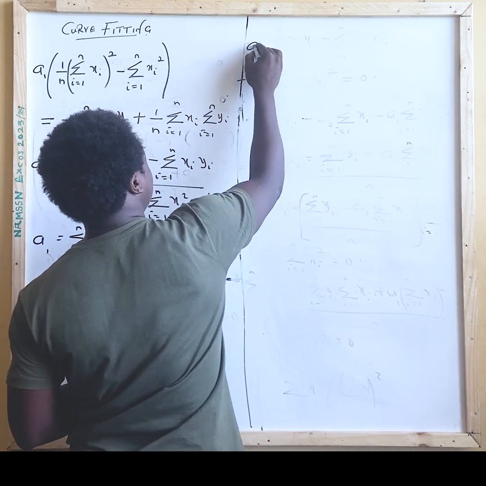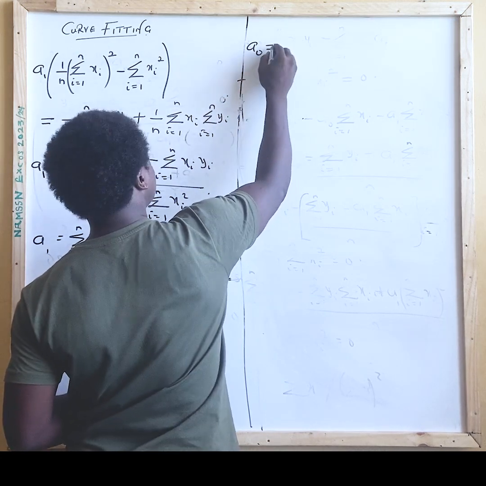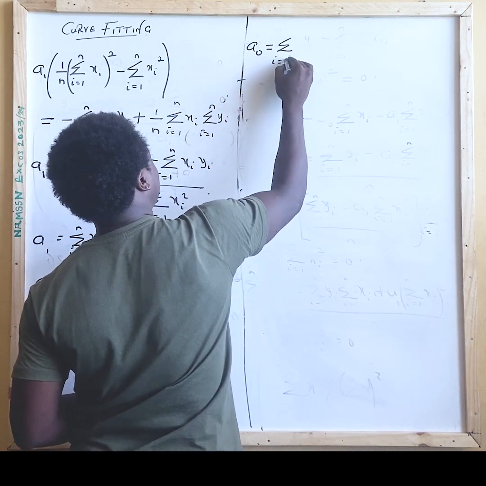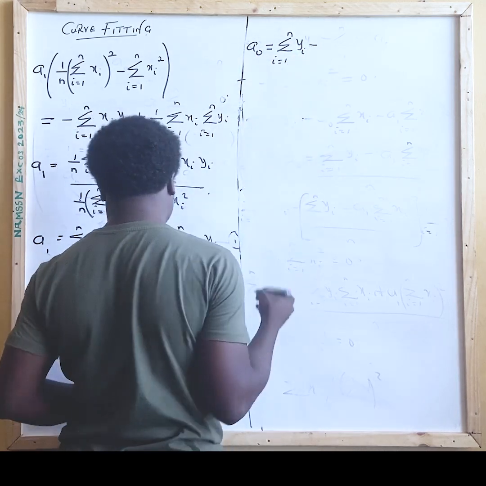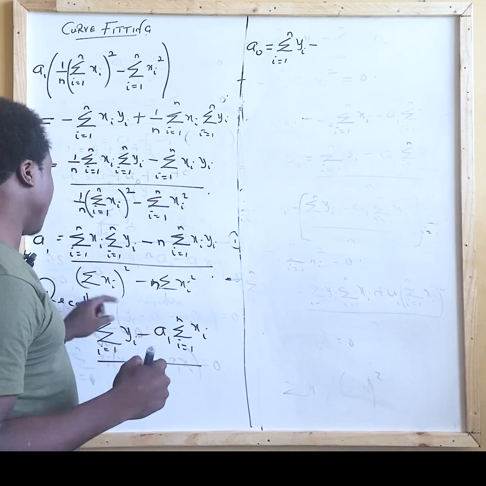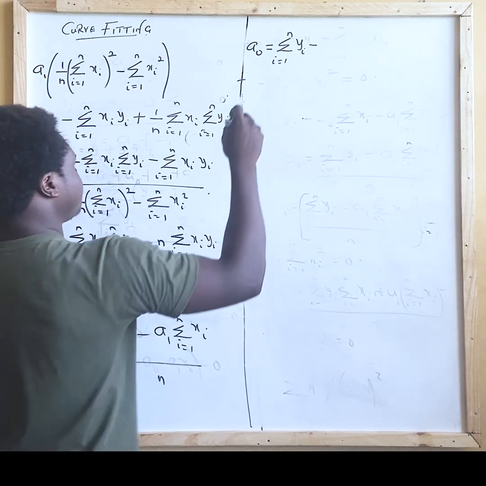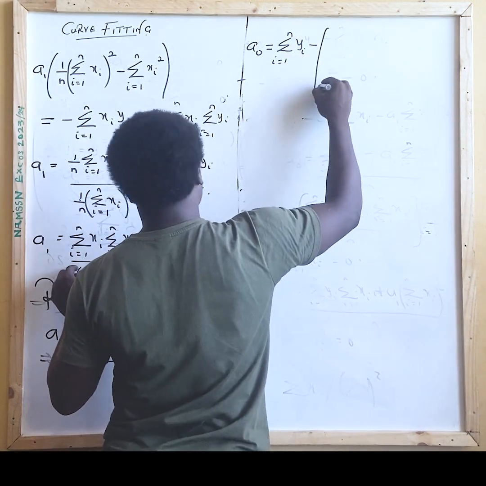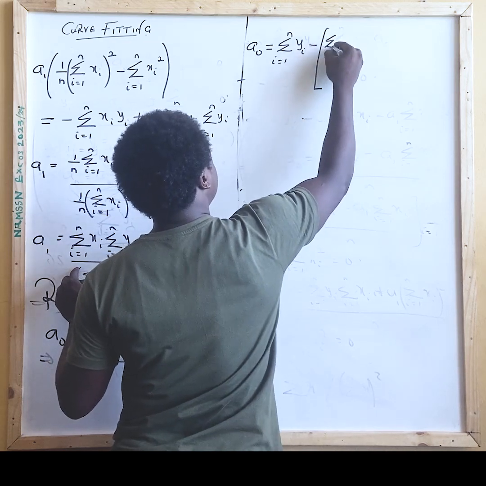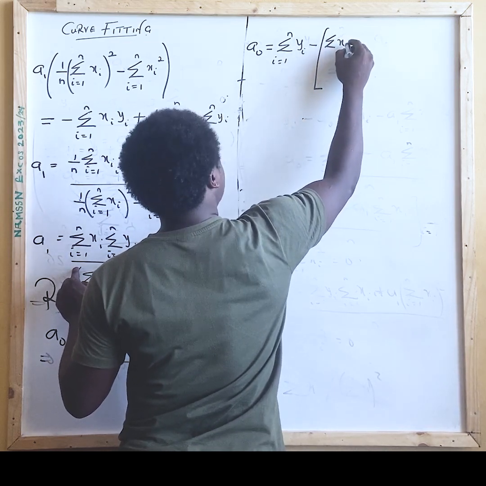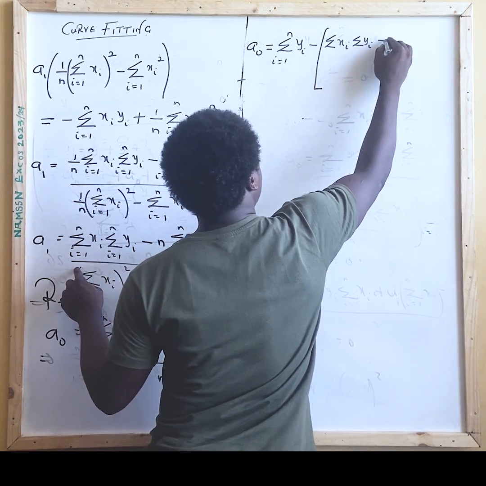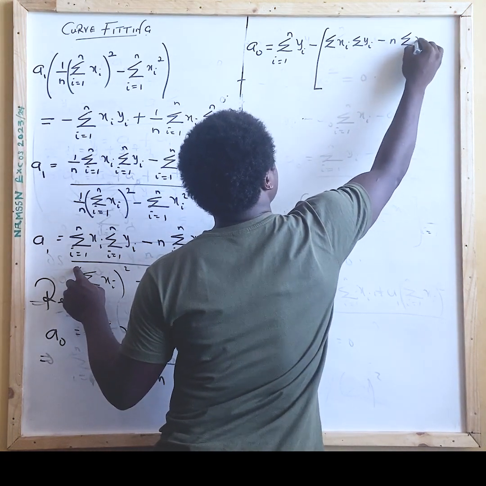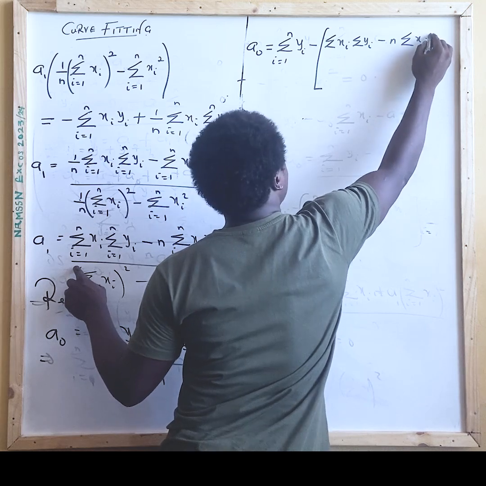So we said our a naught should then be summation i from 1 to n yi minus, we know what a1 is already. A1 is all of this. So a1 is summation xi summation yi minus n summation xi yi.